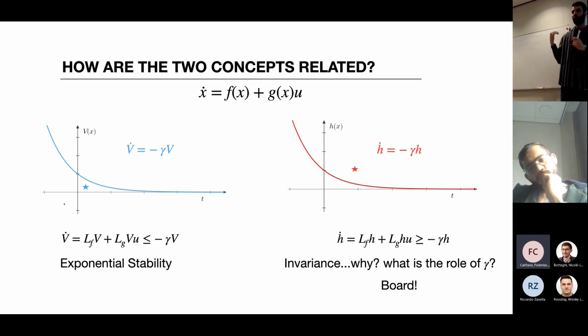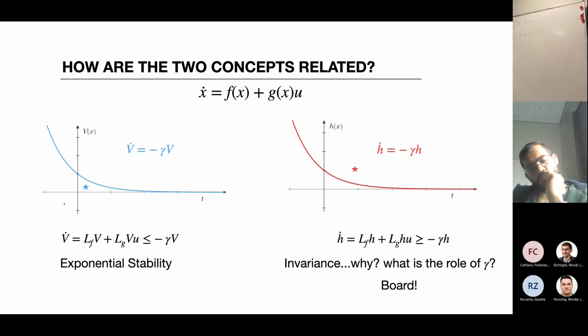It turns out that they are very nicely related once we substitute this asymptotic Nagumo condition with the exponential version of this CBF condition.